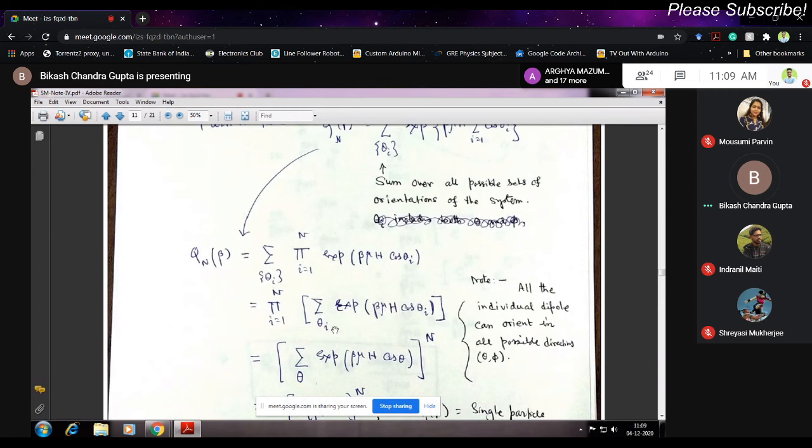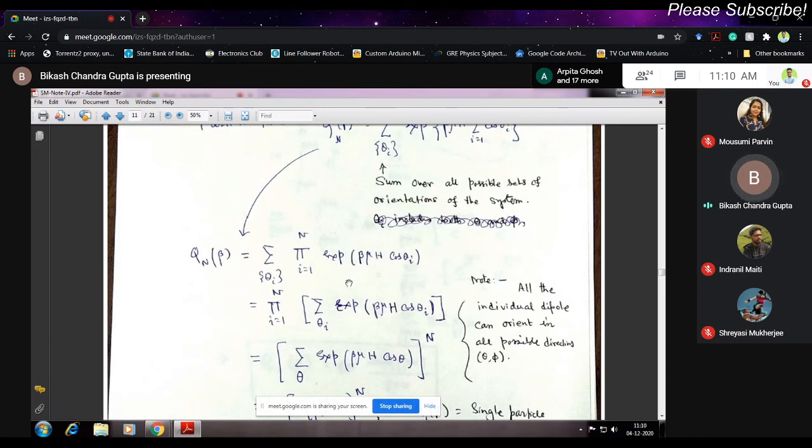Okay. I'm summing over theta i. Is there any difficulty in understanding this? If there is difficulty, I'll go to another document.